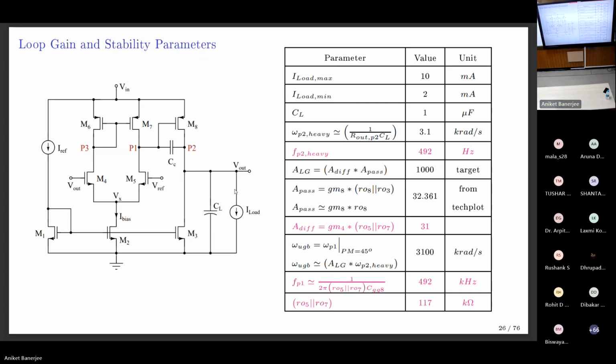ROT2 is the output impedance at this node, which is nothing but RO8 parallel RO3. The CL value we know, correct?